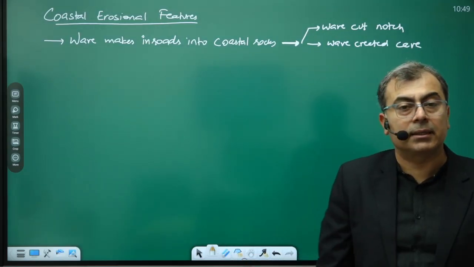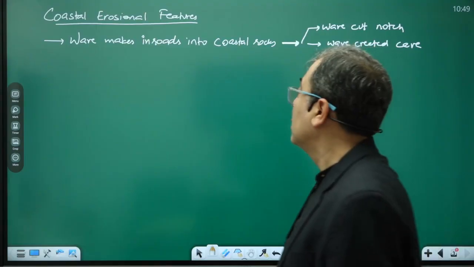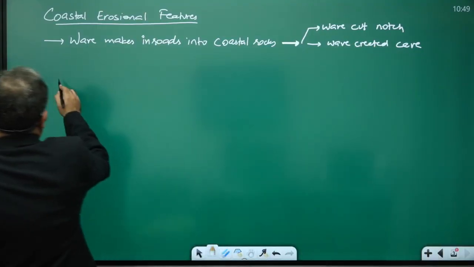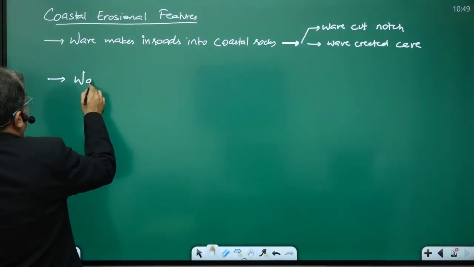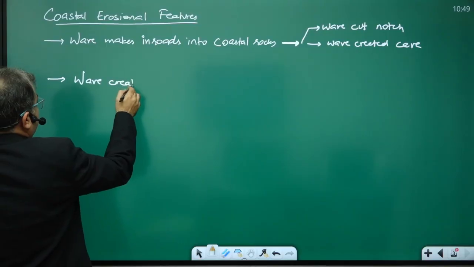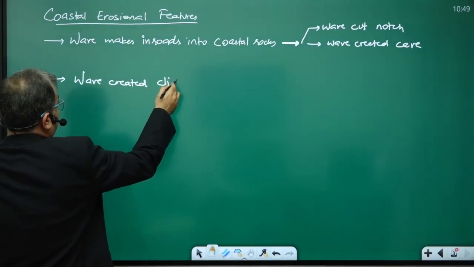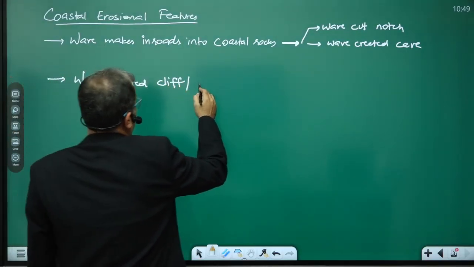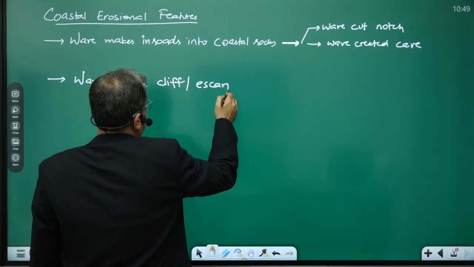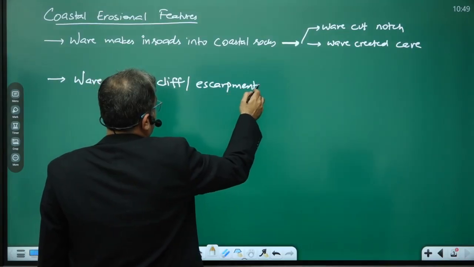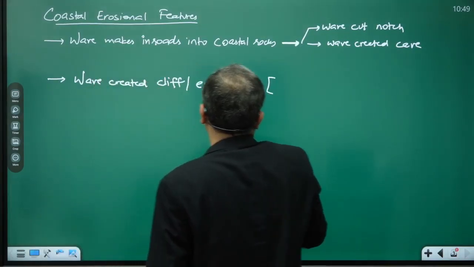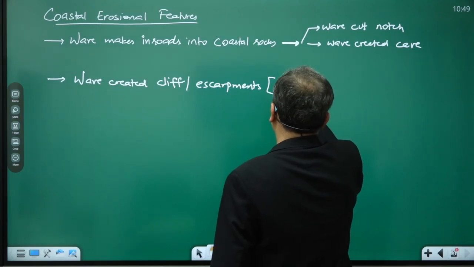केव भी बन जाएगी, yes or no? Then we have wave created cliff, also called escarpments, with bold and steep relief.